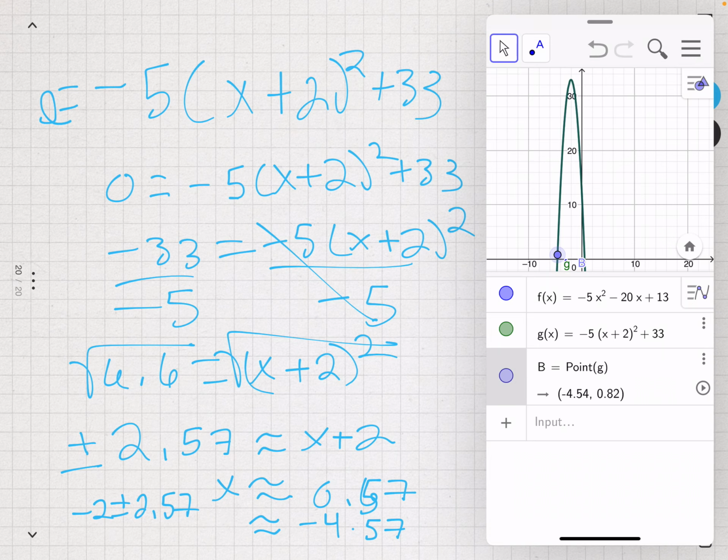So the thing I want you to take away from this lesson really is when we're graphing a quadratic function, which is either of the form a(x minus h) squared plus k or ax squared plus bx plus c, if we don't have it in standard form, we need to get it into standard form, because that standard form tells us how to apply our library functions to graph it.